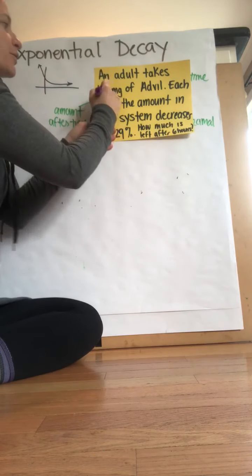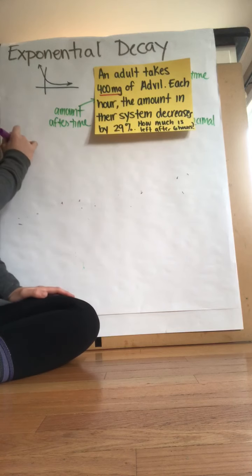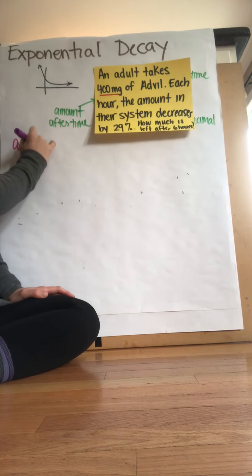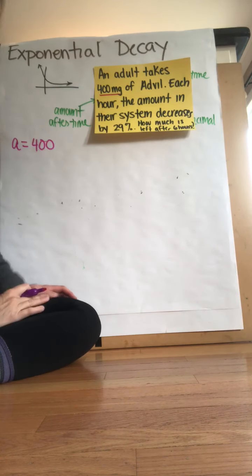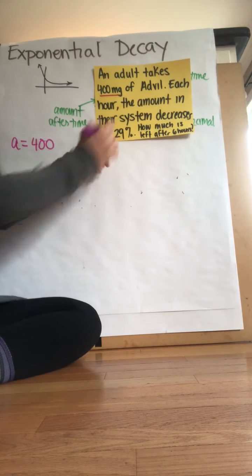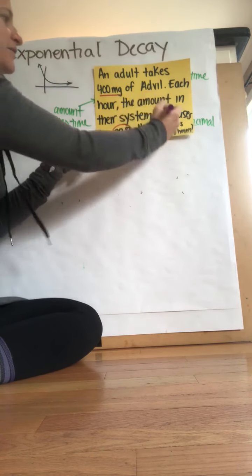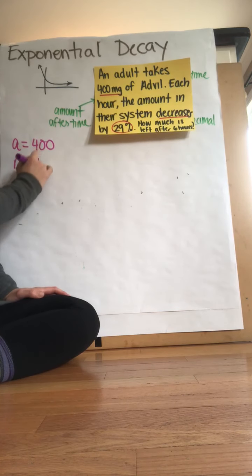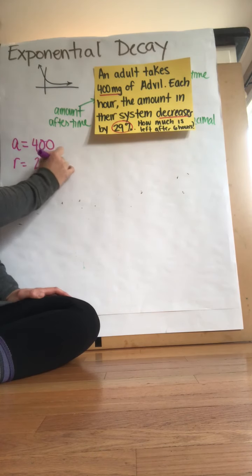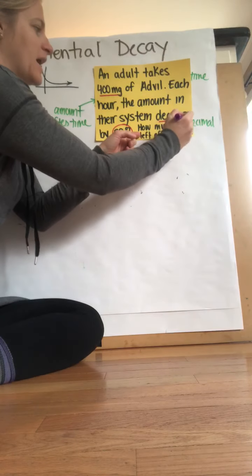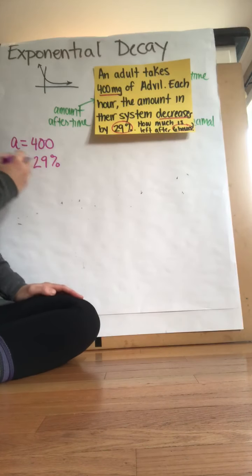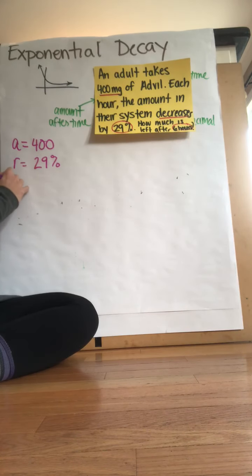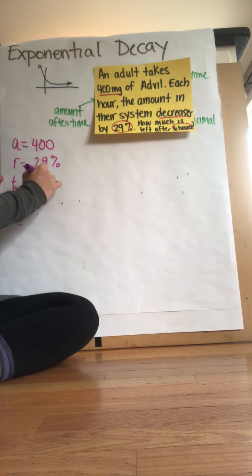They are taking 400 milligrams of Advil. We are given the percent of decrease, and we want to know after 6 hours go by how much is left in their system. So the time is 6 hours.